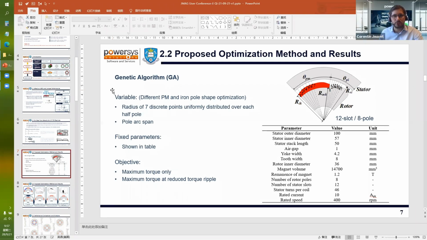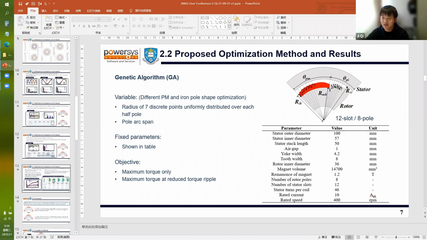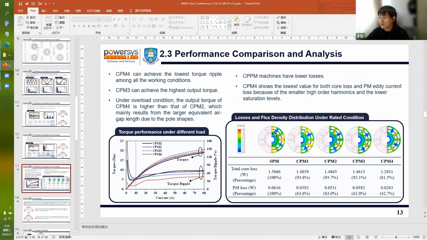We have another question, which is how easily these magnets get demagnetized during transient and high temperature? Yes, this is a major concern in the heavy load condition, especially in electric vehicle applications. But here I didn't analyze it. From these flux distribution figures, we can see the magnet status is quite good. They don't have demagnetization risks here.